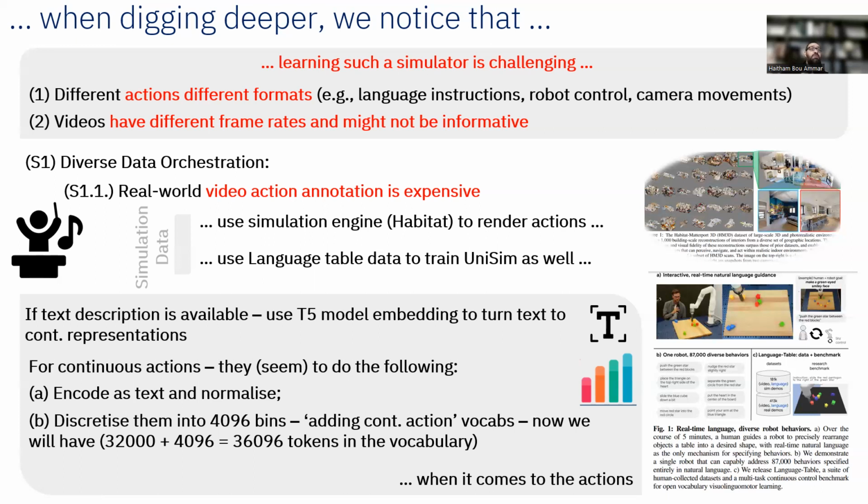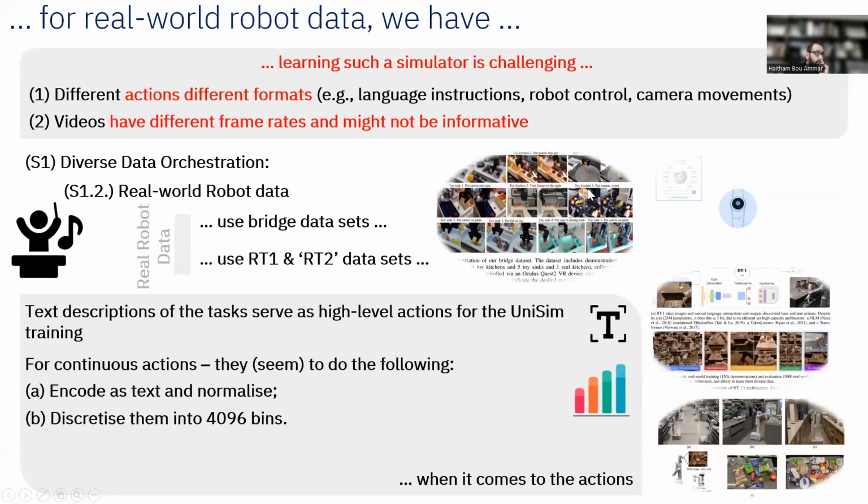Therefore, rather than only having 32,000 tokens, I will have 32,000 plus 4,096 tokens in my vocabulary. So I have created a new set of tokens for the continuous actions, and I can therefore deal with continuous actions in a textual way.